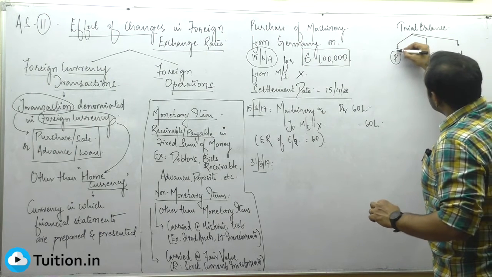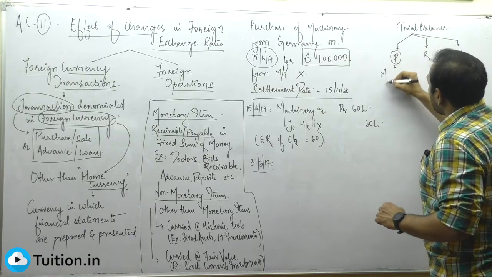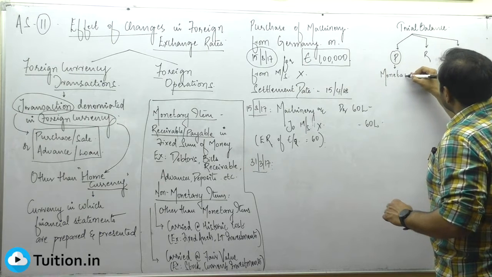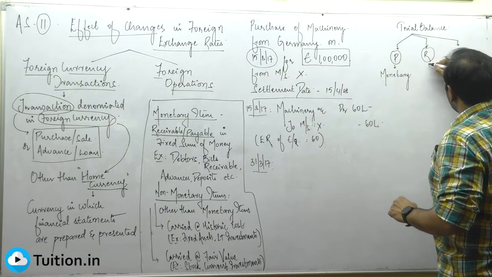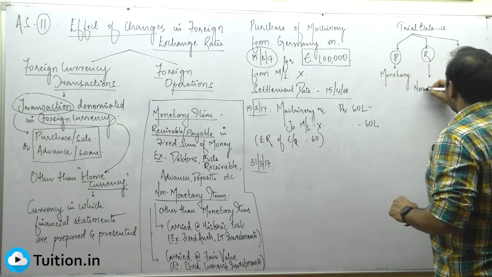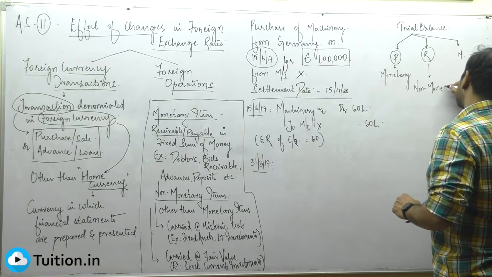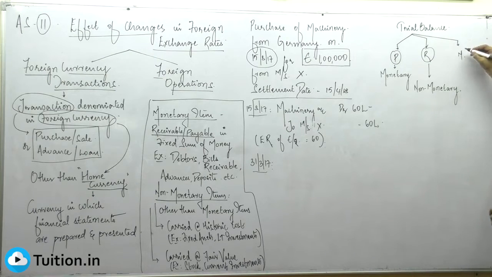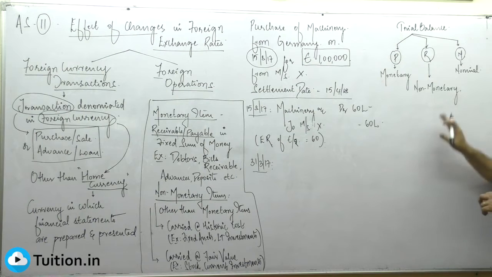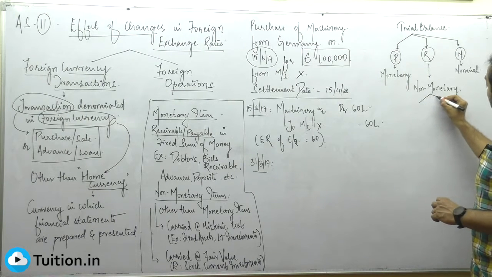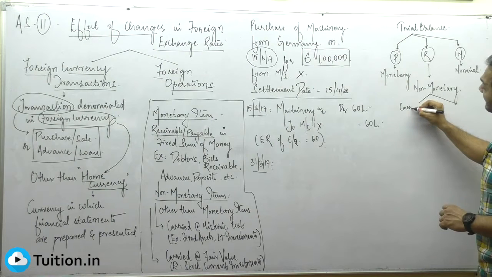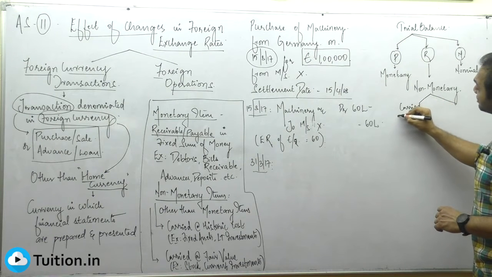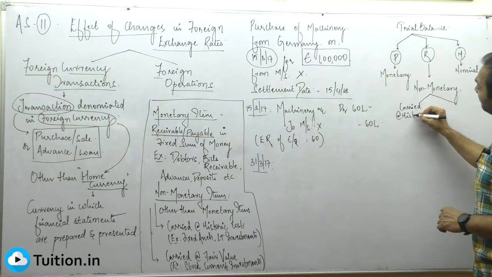All my personal accounts are basically monetary items. All my real accounts are non-monetary. Look at the examples that I have given. Nominal, I am not classifying any further. Nominal items, I will still continue to call them nominal. I will not change the nomenclature under AS. These non-monetary items, again I have classified into two types: those carried at historic cost and those carried at fair value.